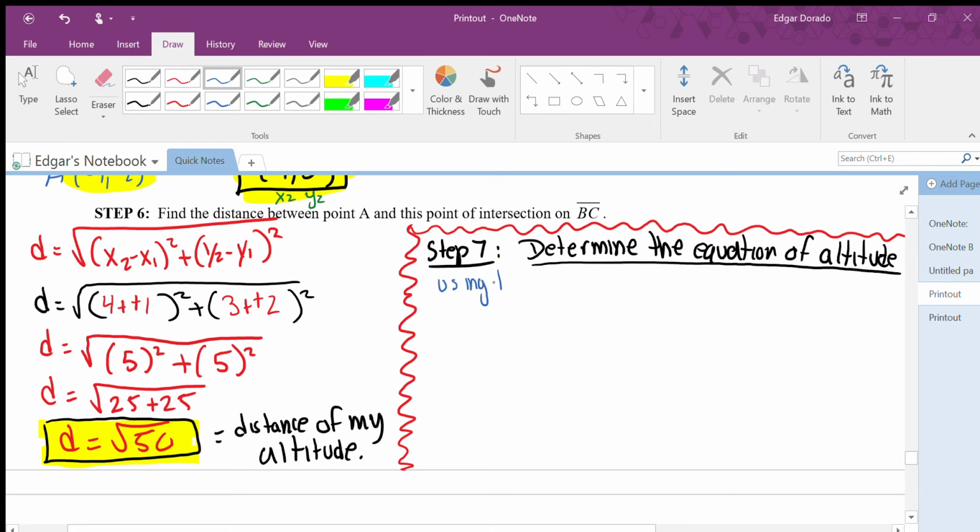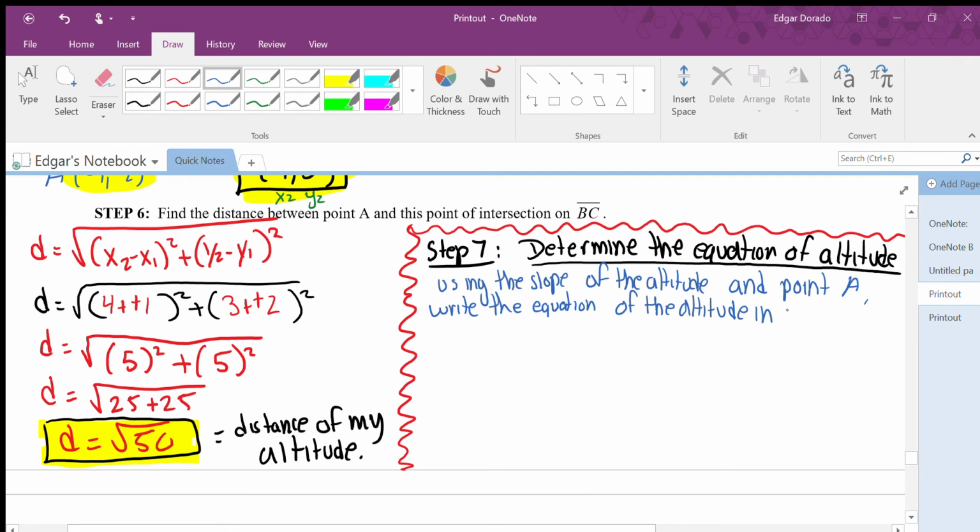Using the slope of the altitude and point A, write the equation of the altitude, or the equation of the line, in slope intercept form.